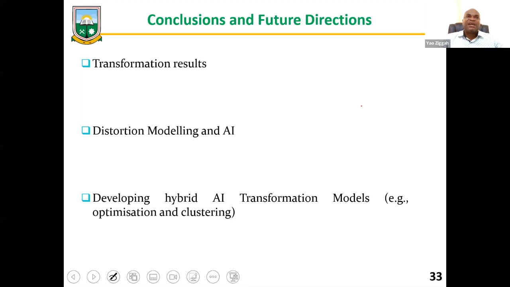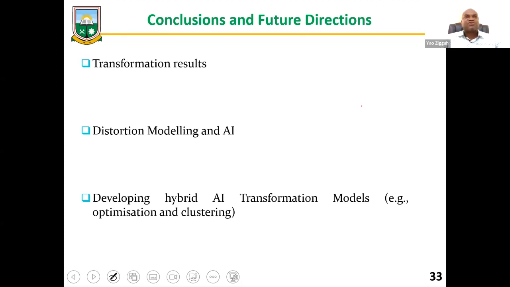Now, how will the AI perform? In terms of applying the Bursa-Wolf, the Molodensky's, the Veis, the geocentric translation model and so on, and comparing them with the AI as standalones, the AI performance is the best.